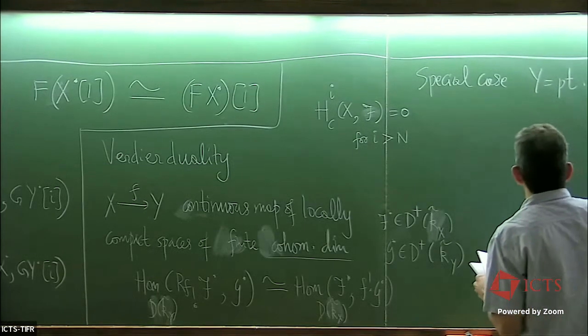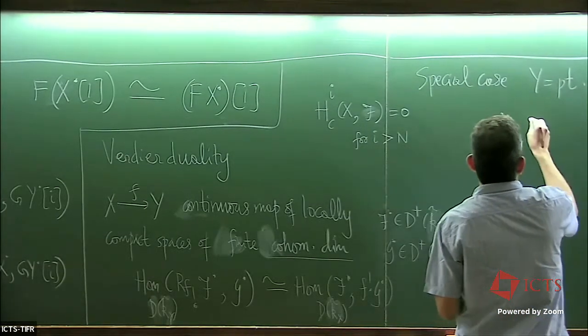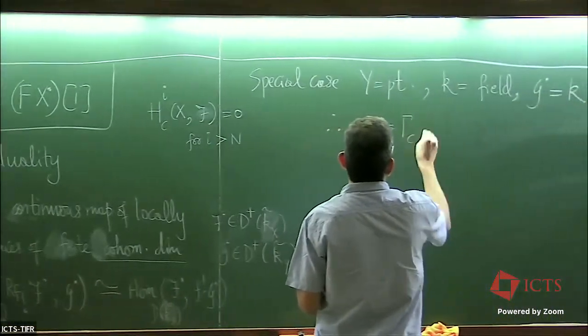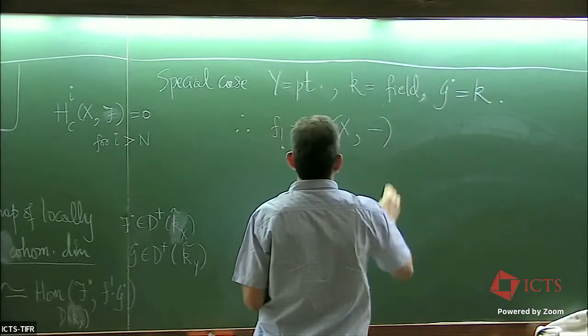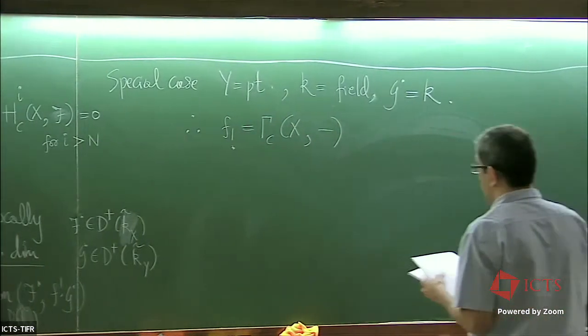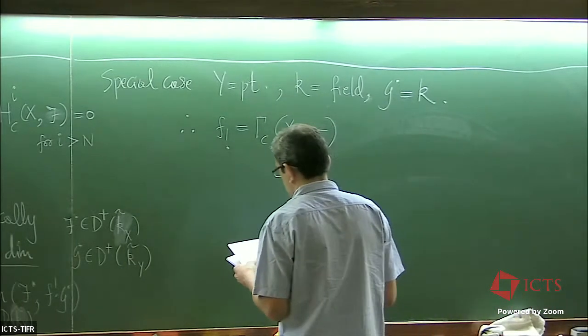Okay, so in this case, f lower shriek is simply the sections with compact support functor.